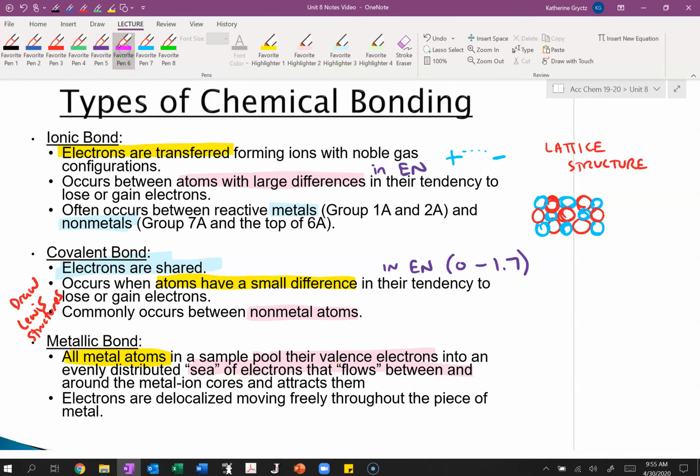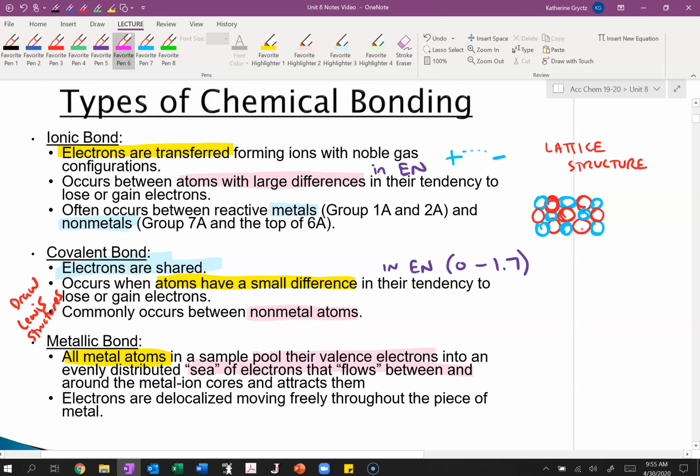That's where we get that metals conduct electricity very well: the electrons are able to move. Ionic bonds do not conduct electricity very well in the solid state, like this, because the electrons aren't free to move. They're all very stuck and localized.